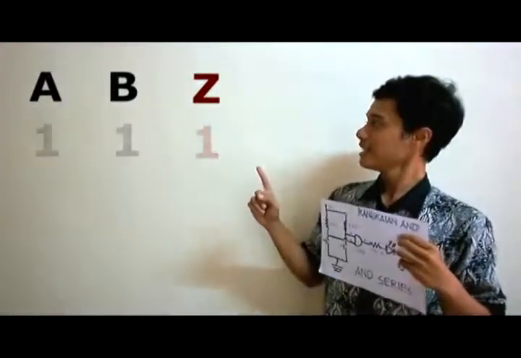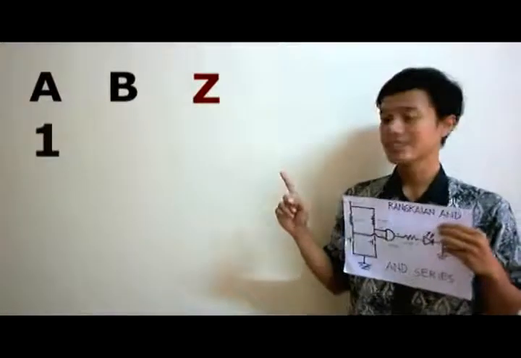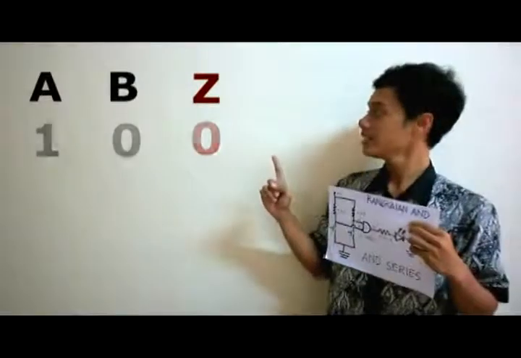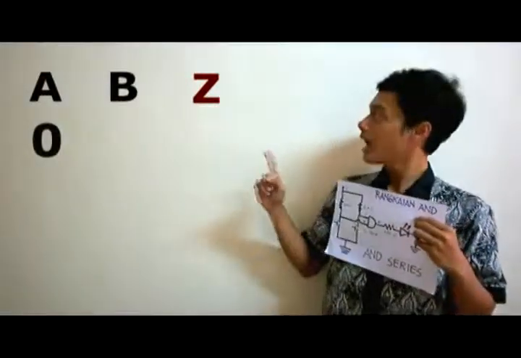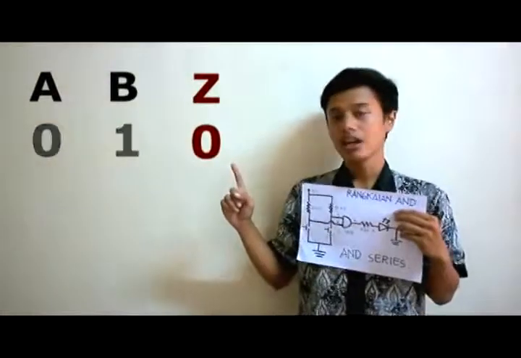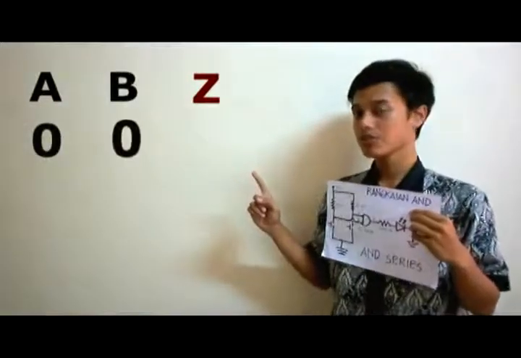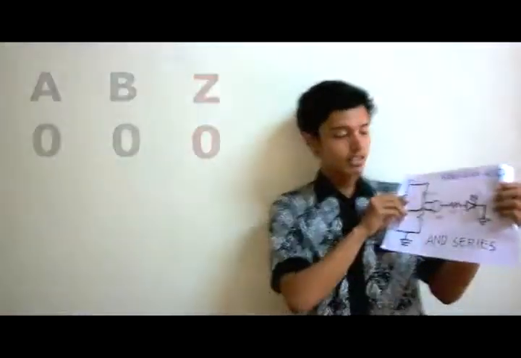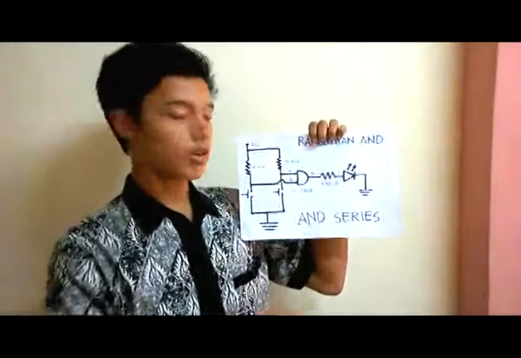If A is 1 and B is 0, the output will be 0. If A is 0 and B is 1, the output will be 0. And if A is 0 and B is 0, the output will be 0. Okay, that is how the AND logic gate works.